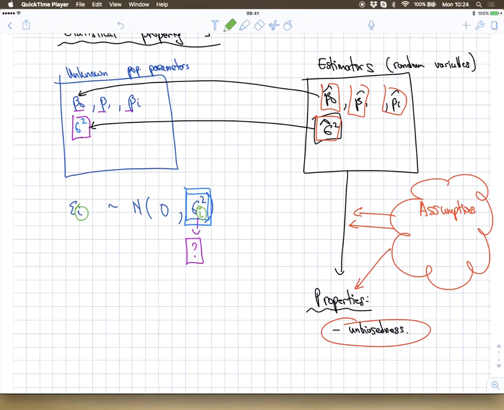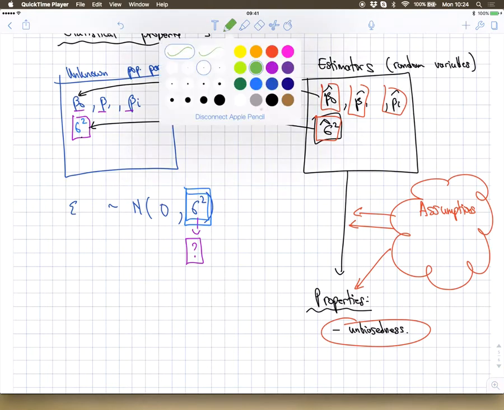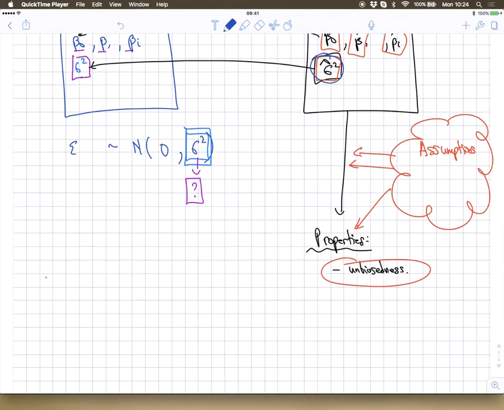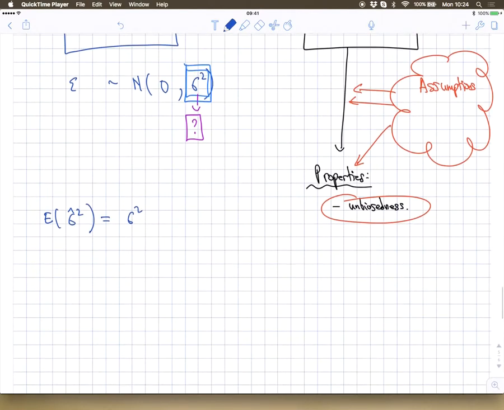So for example, if I assume the same variance assumption, okay, if they do have the same variance, under certain assumptions I could say that this thing here will be an unbiased estimator. That means that the expected value of sigma square hat will equal sigma square. And that's what statistical property 3 tells you. It tells you under what conditions, under what assumptions, the expectation of the residual sum of squares divided by n minus 2 is going to equal sigma square.